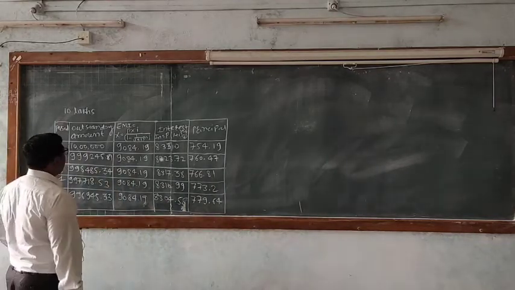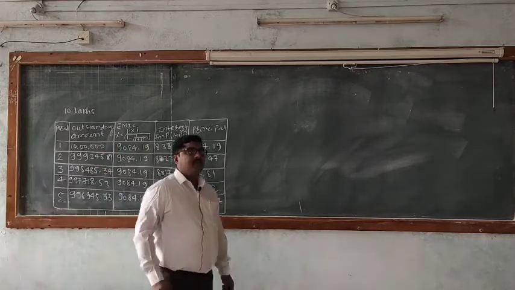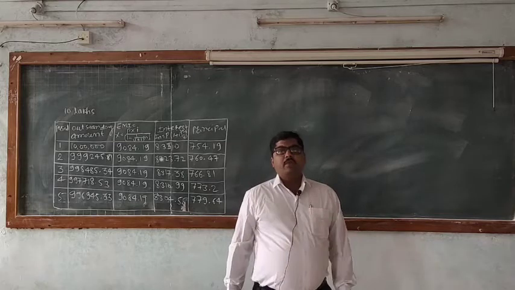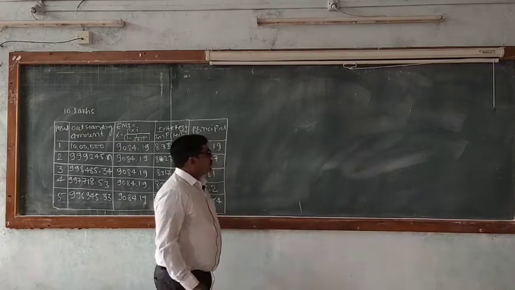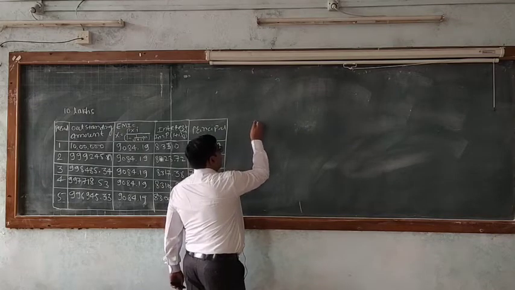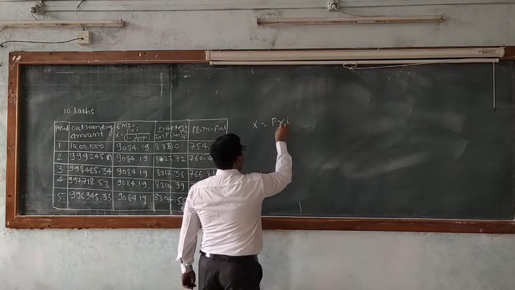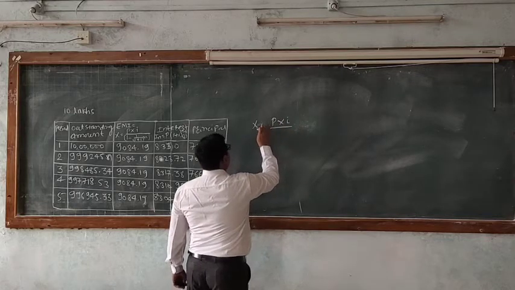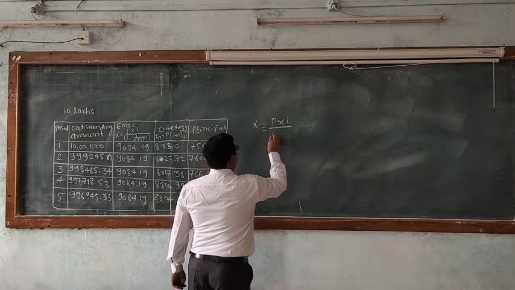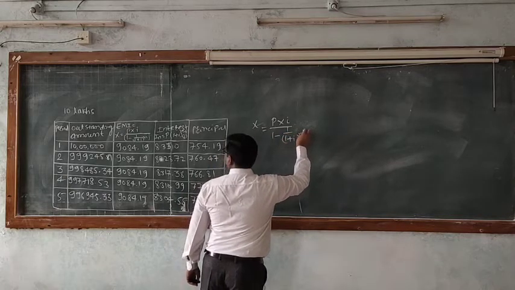Now what is X? X is the periodic installment, right? So this is your formula: X equals P into I upon 1 minus 1 upon 1 plus I raised to power n.